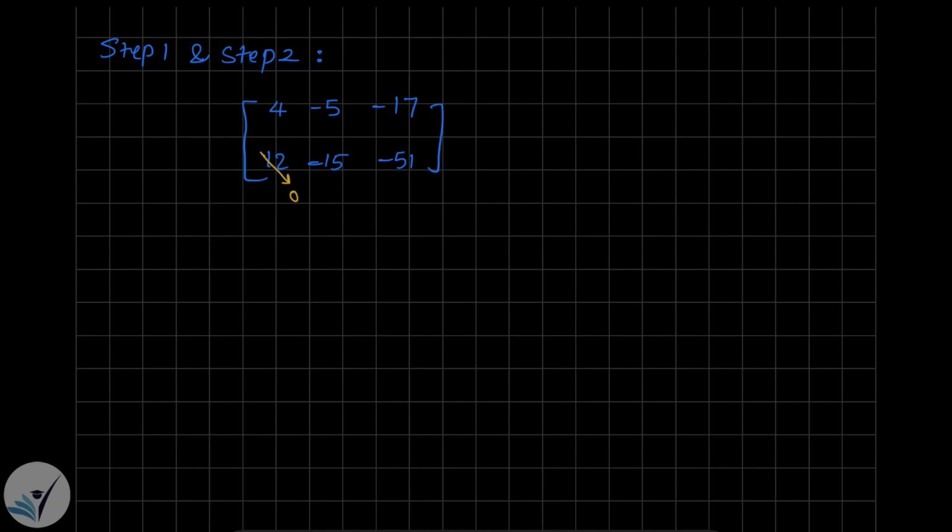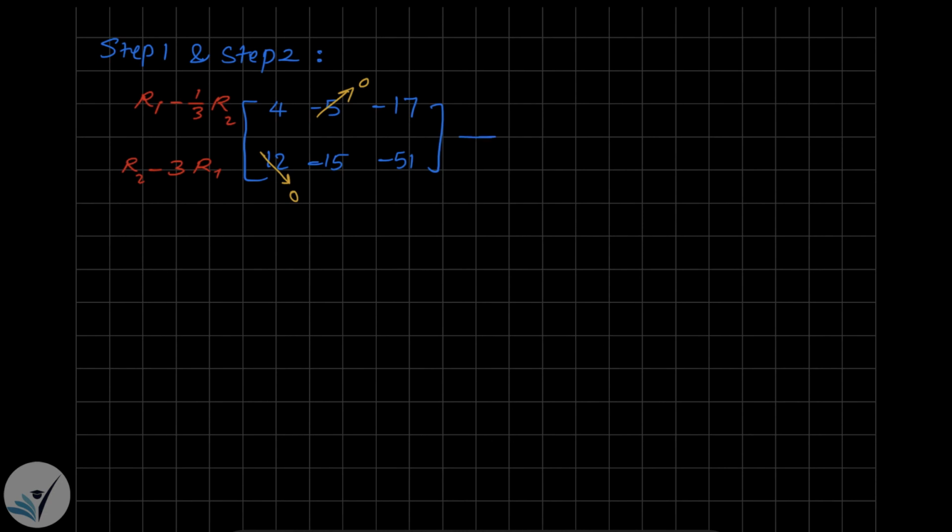So we do that by replacing the second row with R2 minus 3R1. And in step 2, the goal is to transform negative 5 to 0. And we do that by replacing the first row with the first row minus 1/3 of the second row.